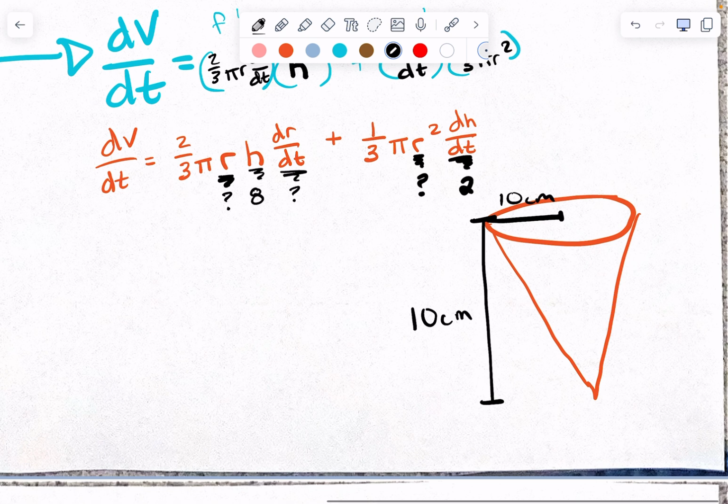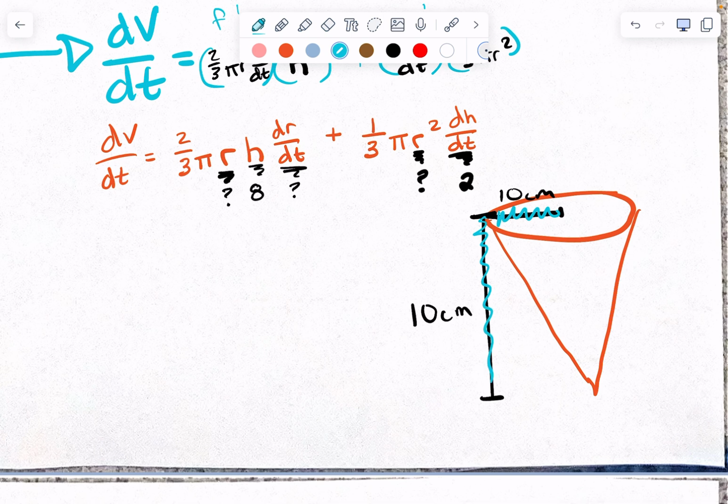The reason they give me 10 and 10 is because they're saying the radius of the cone will always be equal to the height at that point. It should be fatter, it's not drawn to scale. So my water level is here at 8.